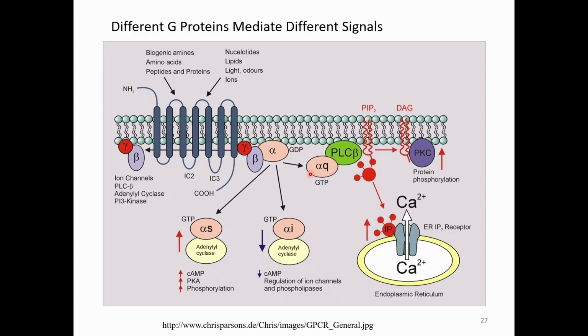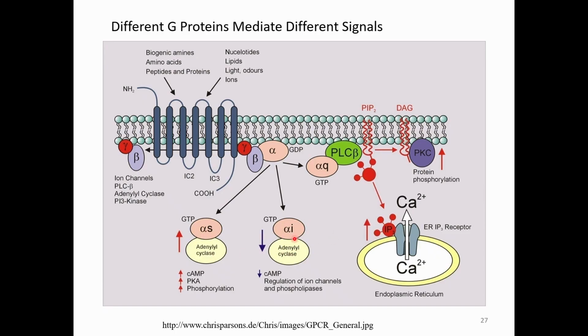This is a good review thing as well. Basically, it's a good diagram of how GPCRs work. Knowing that the alpha subunits, alpha S is quite different than alpha I. This one stimulates adenylate cyclase.